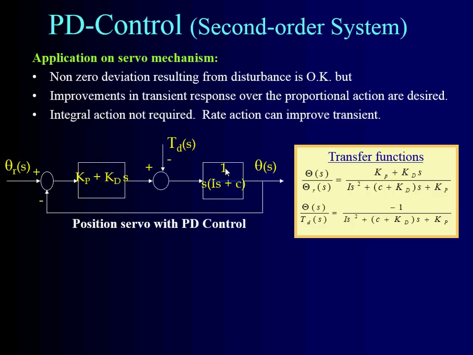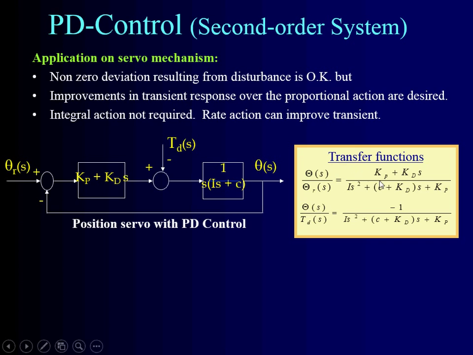So in here, if you have a disturbance, it will correct. It would improve the transient response, and in this case, no integration is required. So depends what the system is, what it does. So it depends heavily on this transfer function.